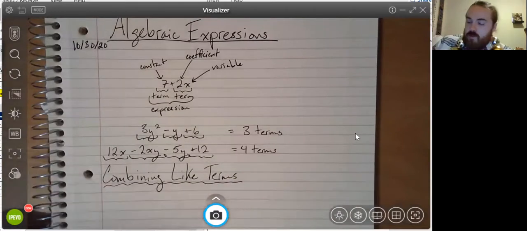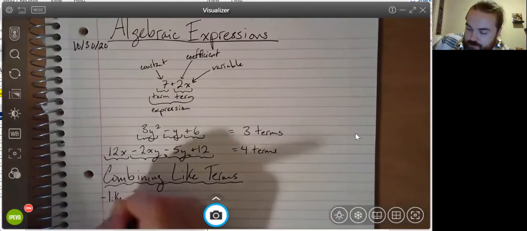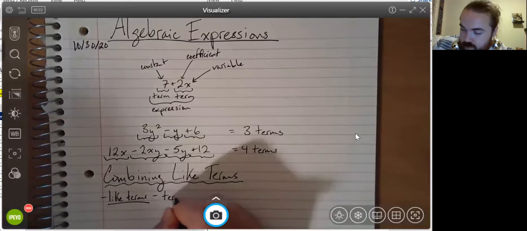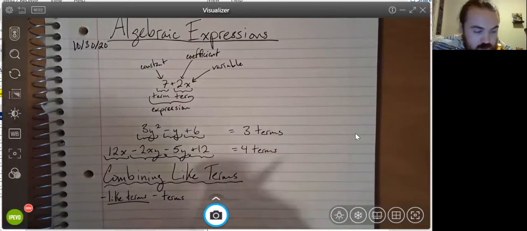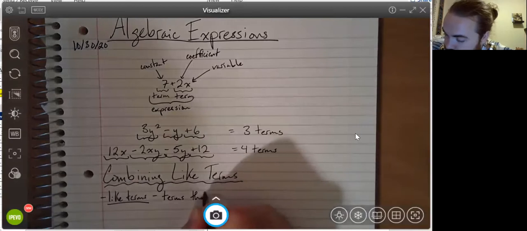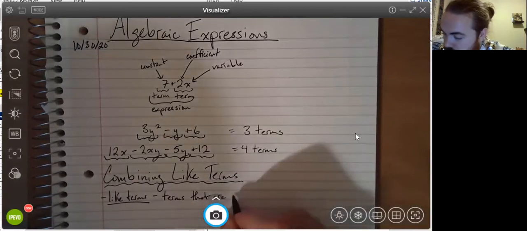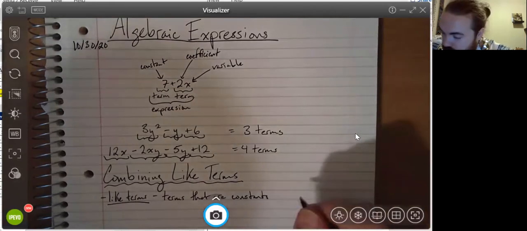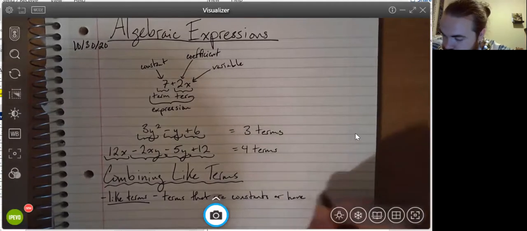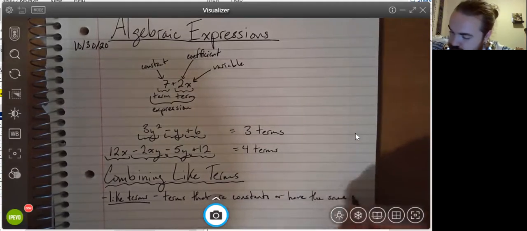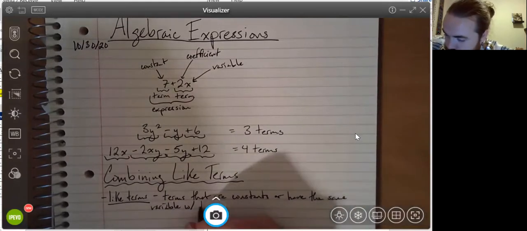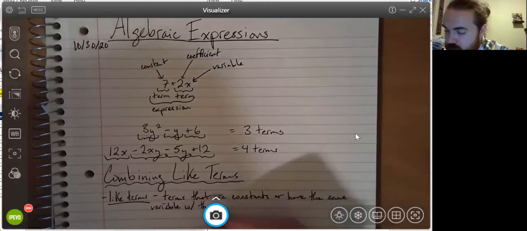All right, so when we talk about combining like terms, what I mean by like terms are terms, again, like any definition, we underline it, put a dash, terms that are constants or have the same variable with, that w with the slash is with the same exponent.